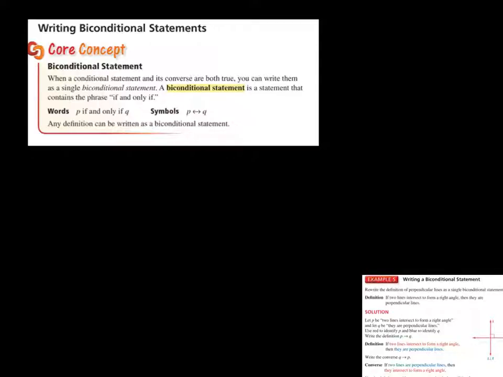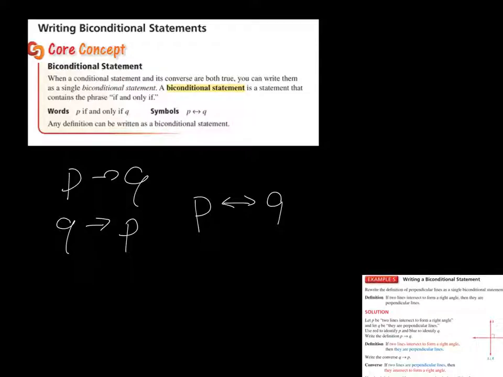So basically, if P implies Q is true and Q implies P is also true, we have a biconditional statement, and we can write that in terms of P if and only if Q. And that's only going to work for a biconditional statement. Again, that's when the conditional and its converse are both true.